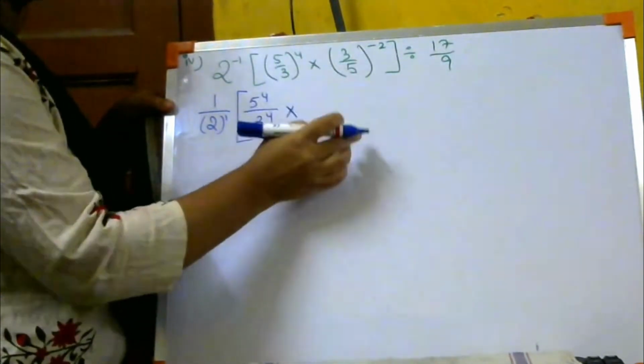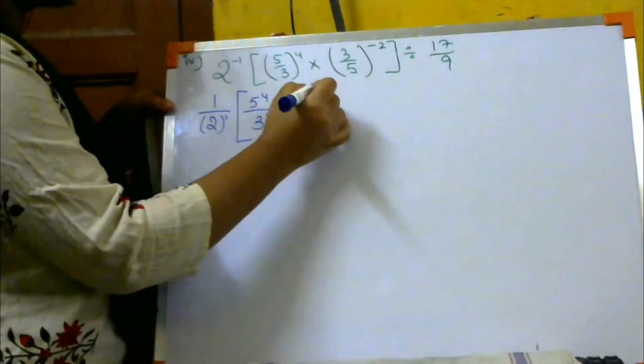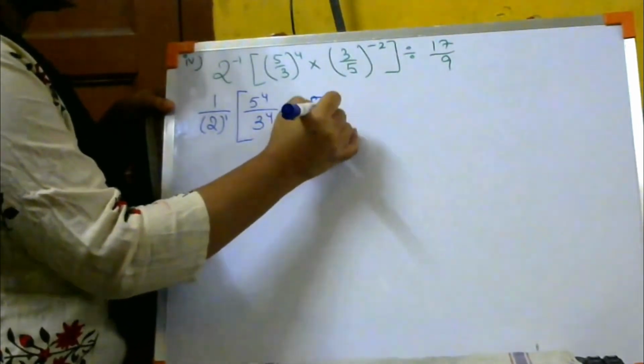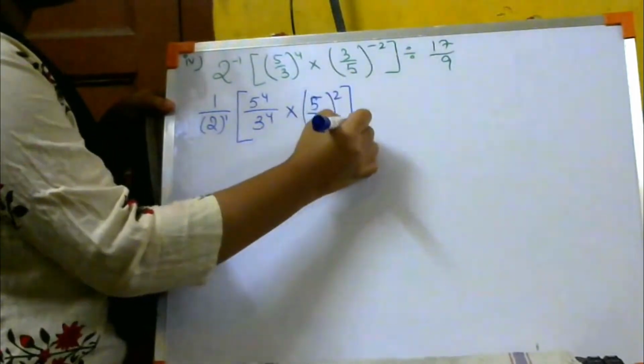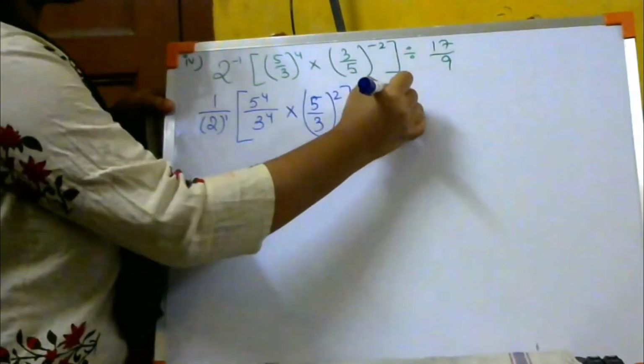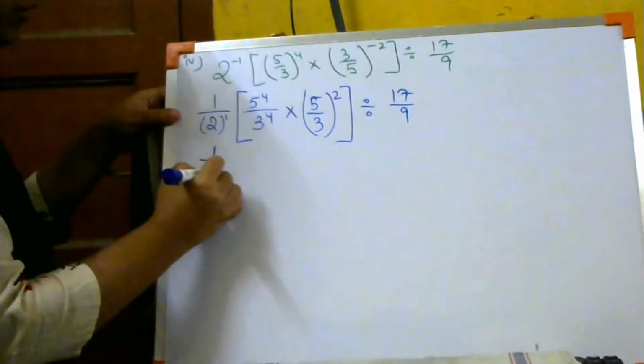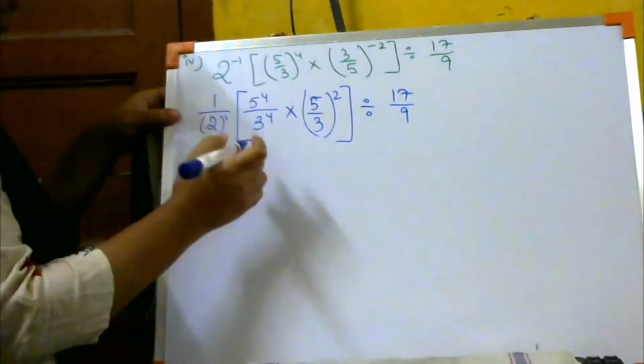Second law, p by q to the power minus m, so we are going to change it into plus sign. So it is going to be 5 by 3 to the power only 2. Division sign, 17 by 9, leave it as it is. Next, 1 by only 2 to the power minus 1 means only 2.